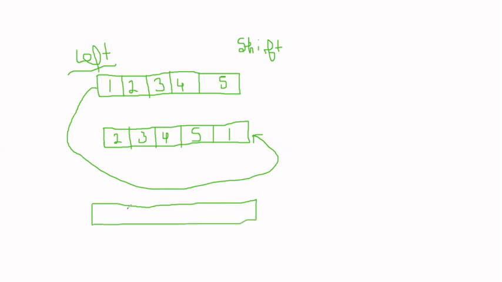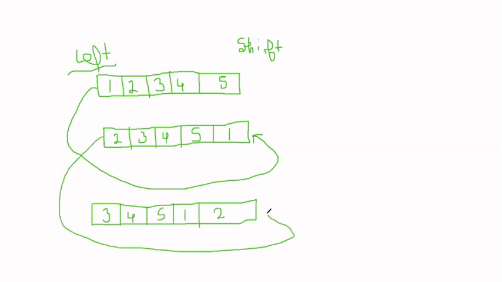So let's take another example. Suppose after a left shift, we apply another left shift on this. Another left shift will result in the array 2, 3, 4, then 5, 1, and 2, because this 2 will go at the end, something like this.